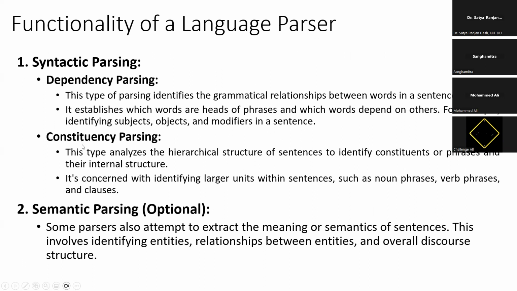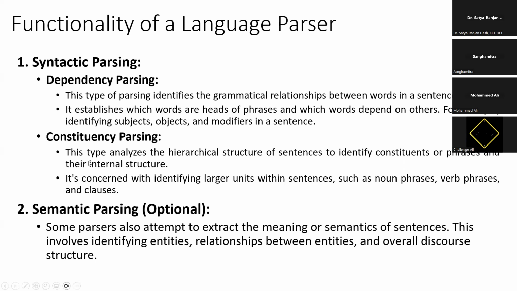In dependency parsing, it will identify the grammatical relationship between words in a sentence, and then it will try to find out which words are heads of a particular phrase, which words are dependent on a particular word, etc. By doing this, it will try to find out the subject of the sentence or the object of the sentence, and whatever modifiers are there in the sentence.